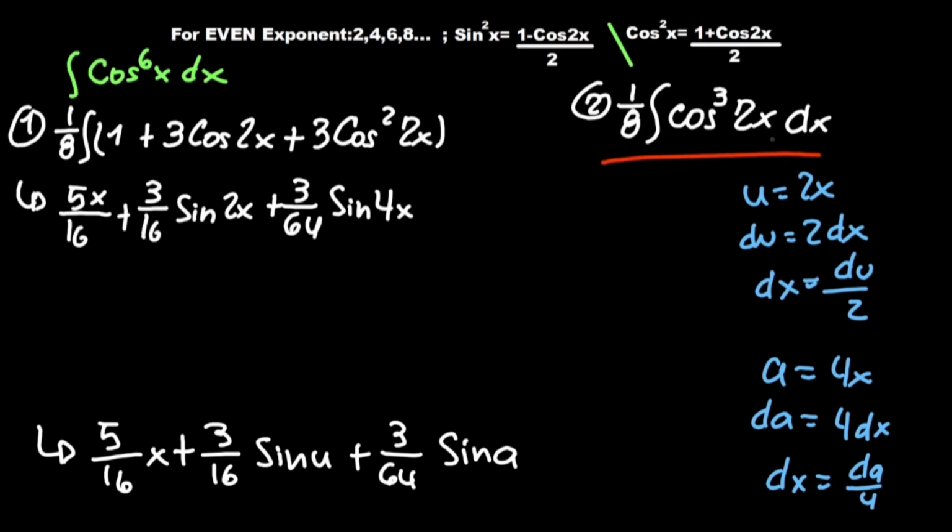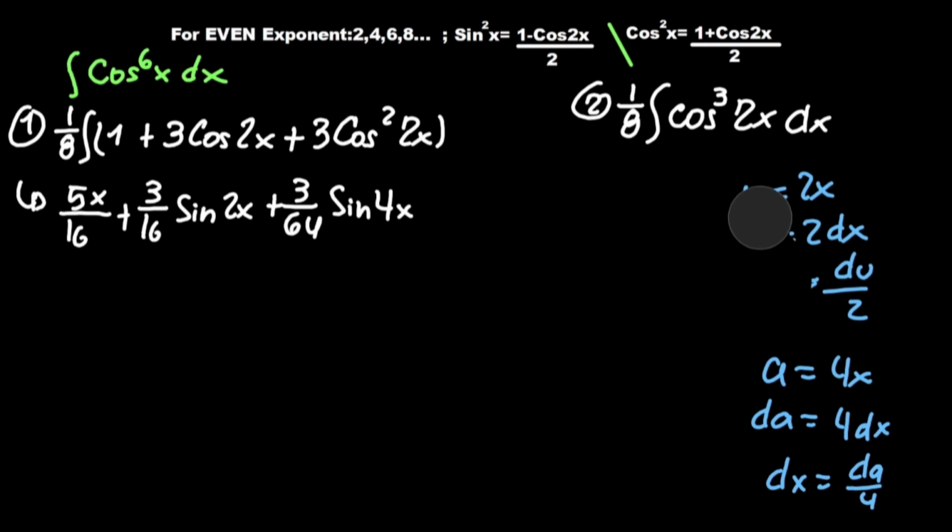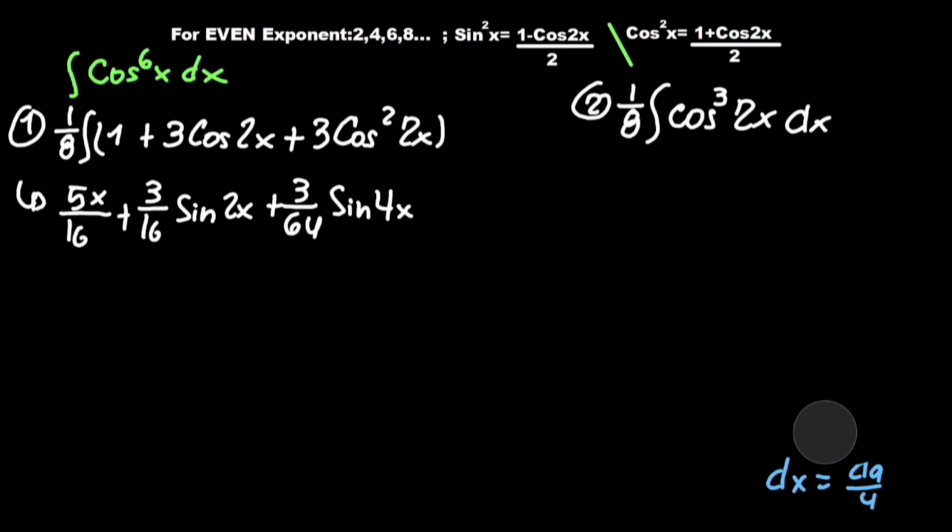So let us now go on to this one. Focusing on 1/8 cosine cube, since it has an odd exponent, we will use the odd rule. But first, for simplification, that only works when you have a variable of x, not 2x.